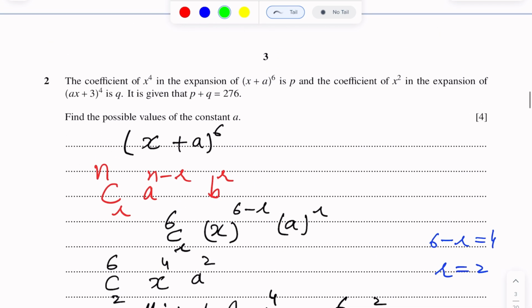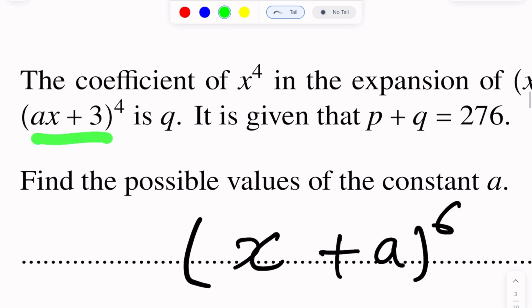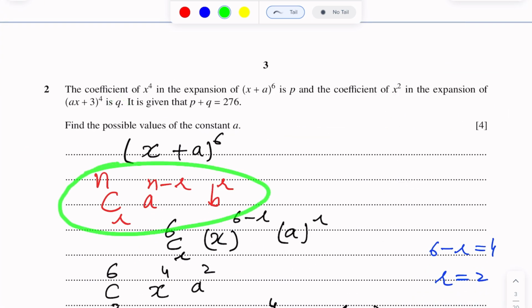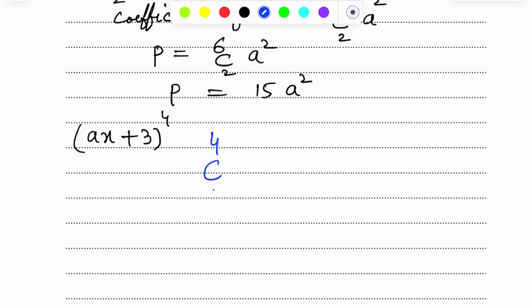In the same way, the coefficient of x^2 in the expansion of (ax + 3)^4 is q. By using the same formula, 4Cr (ax)^(4-r) 3^r.